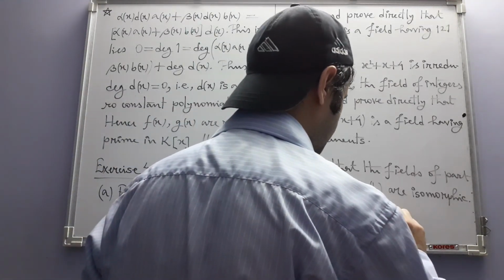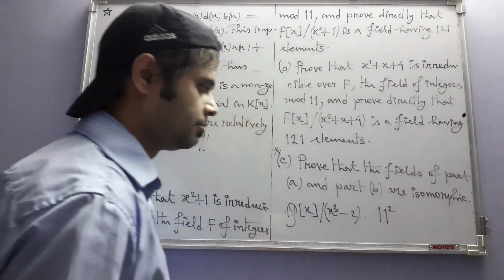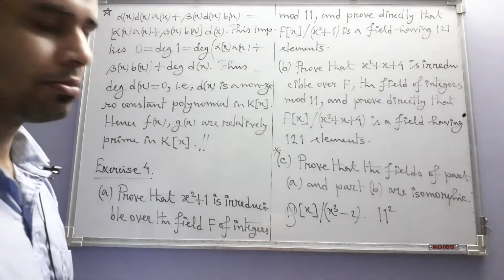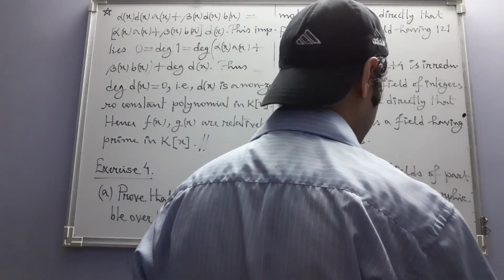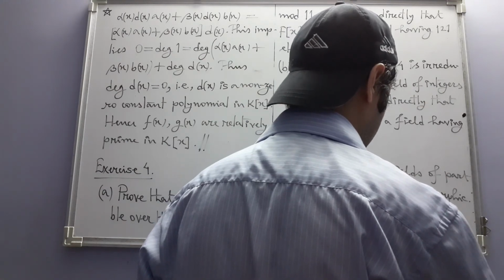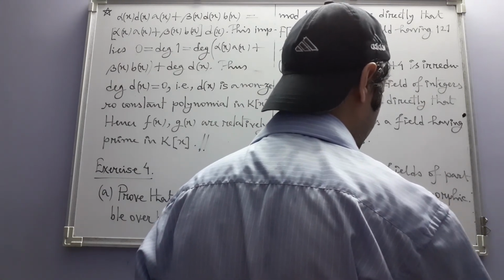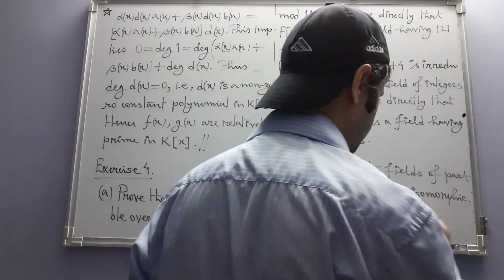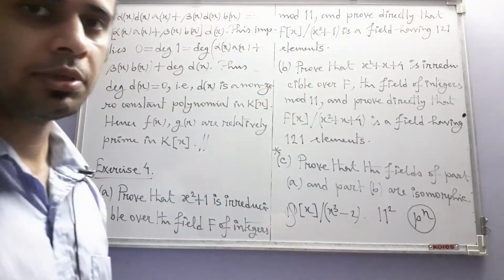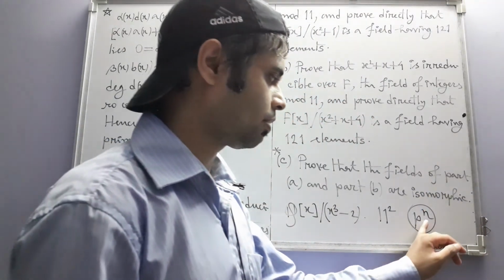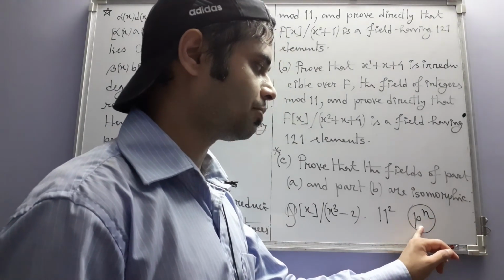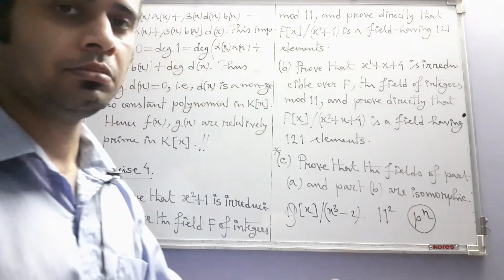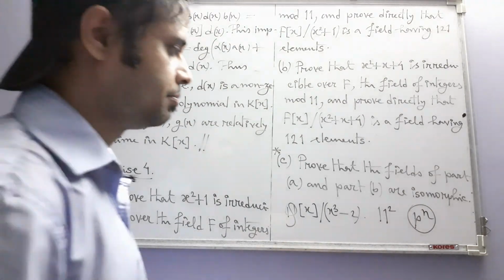So this is one observation. 121 turns out to be 11 squared. We will prove at some point that every finite field has an order of this form. That is, the number of elements in a finite field is always of the form p to the power n, where p is some prime and n is some positive integer.